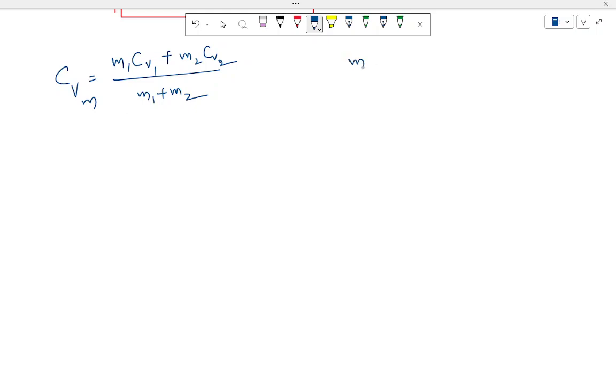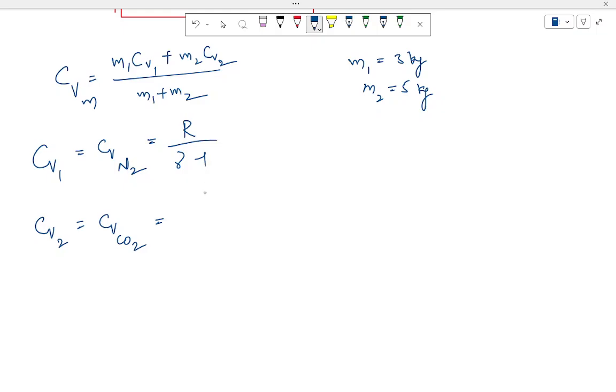So you have the m1 value 3 kg, m2 value 5 kg with you, and you need Cv1 and Cv2 here. Cv1 is nothing but the Cv of the nitrogen, Cv2 is the Cv of the carbon dioxide given in the question. So the formula for finding Cv is R by gamma minus 1.